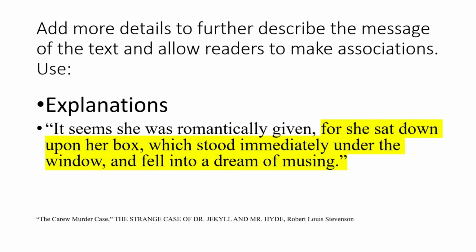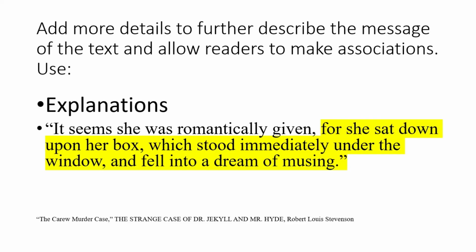It seems she was romantically given for, or because, she sat down upon her box, which stood immediately under the window, and fell into a dream of musing. So in this case, romantically is not necessarily just having to do with love, but it's having to do with someone who is maybe adventuresome or a dreamer. And you see here that she sits down on her box.